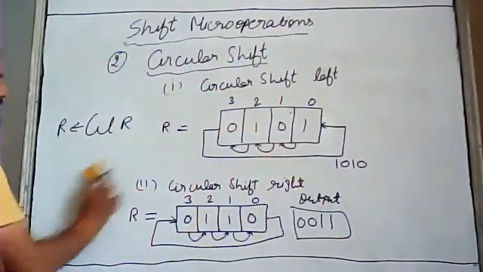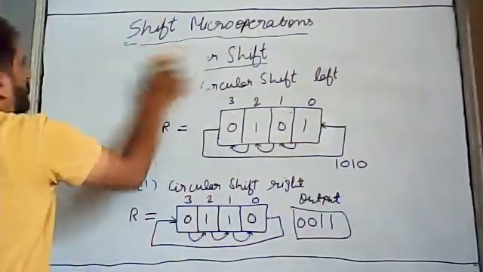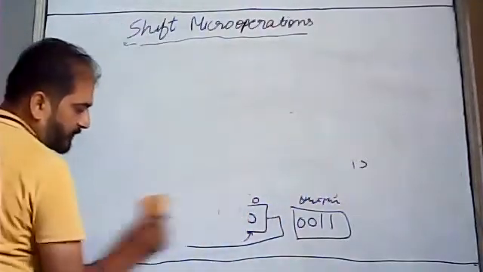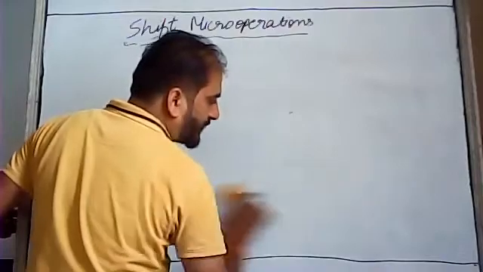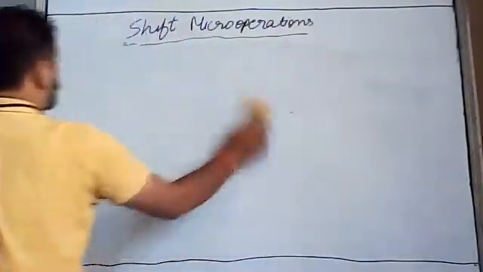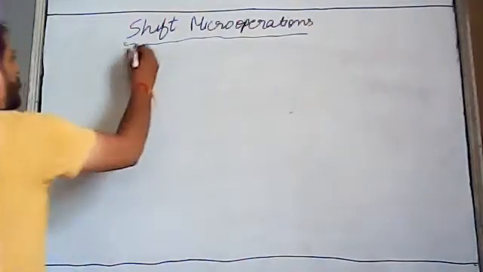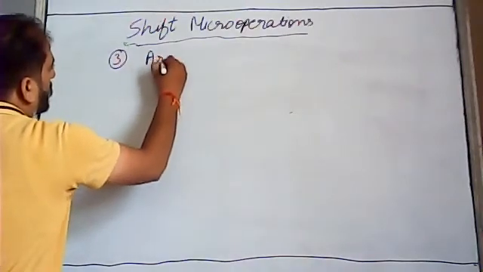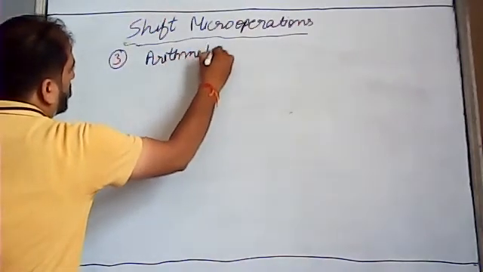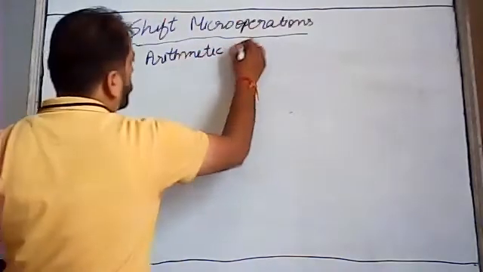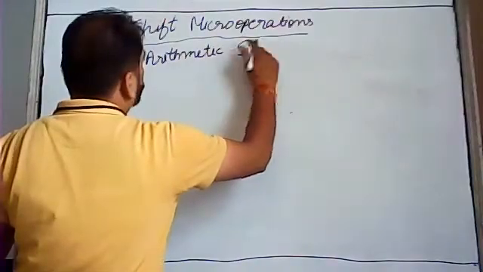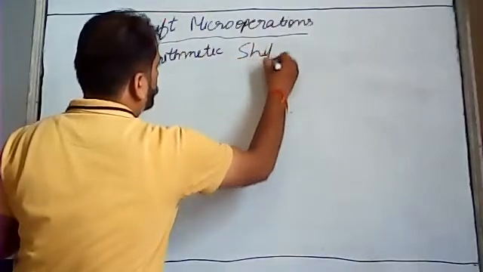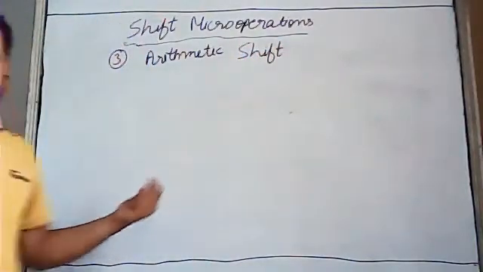Now the third type is arithmetic shift, and it is important from the exam point of view. Again, it is of two types.